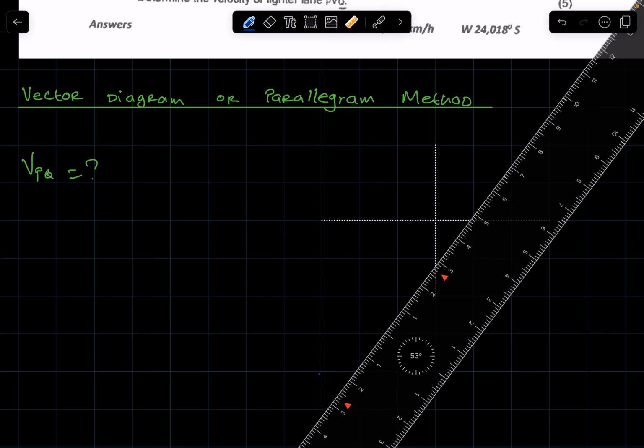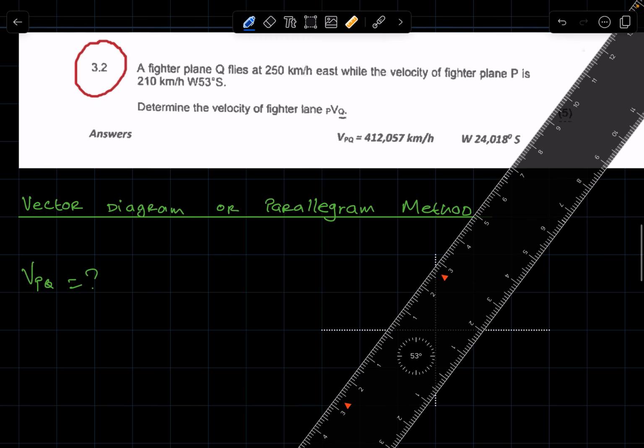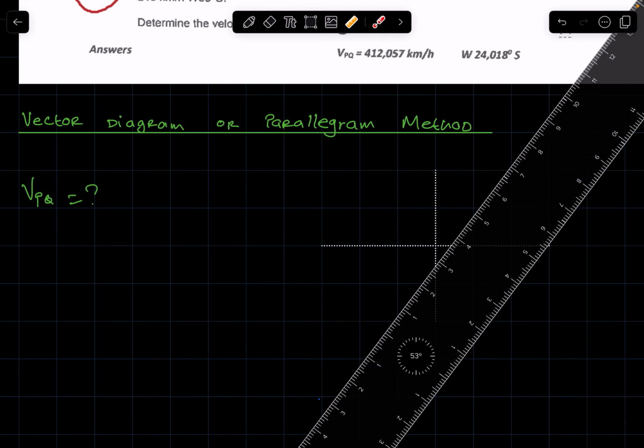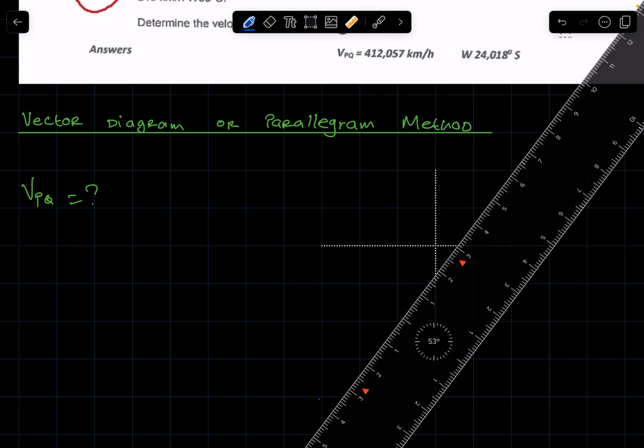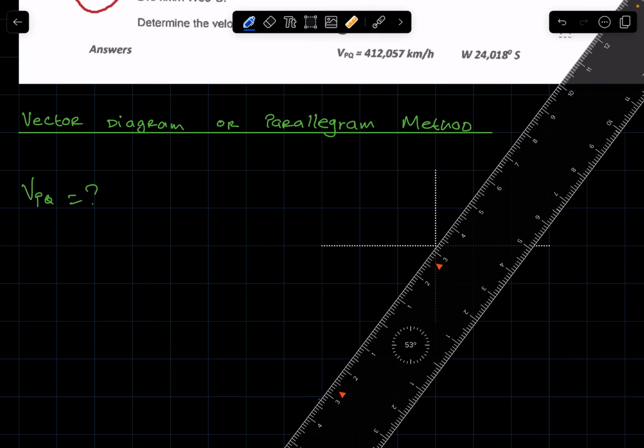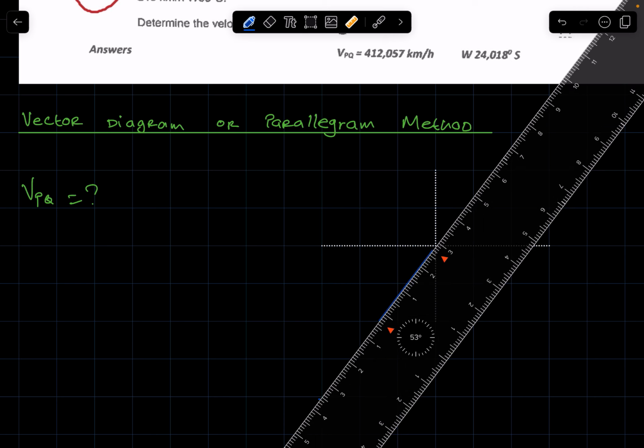Now, as far as how long the line is going to be, we divided both vectors by 100. For this one, we got 2,1 centimeters. I've decided 2,1 centimeters is too small, so I multiply both by 2. So 2,1 centimeters times 2 is 4,2. So if this is 53 degrees, I am looking for 4,2 centimeters.